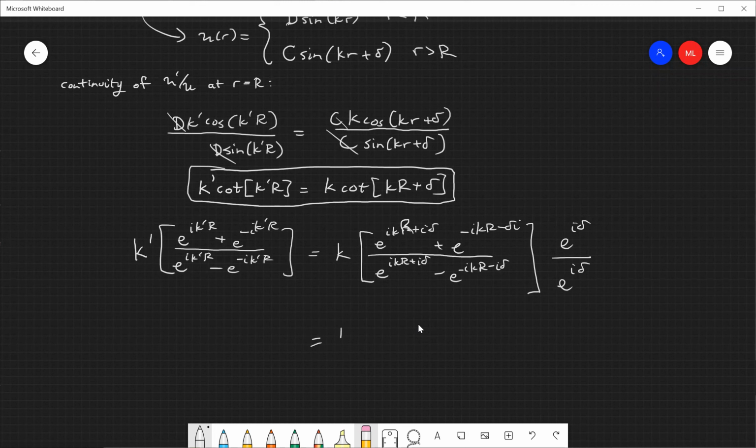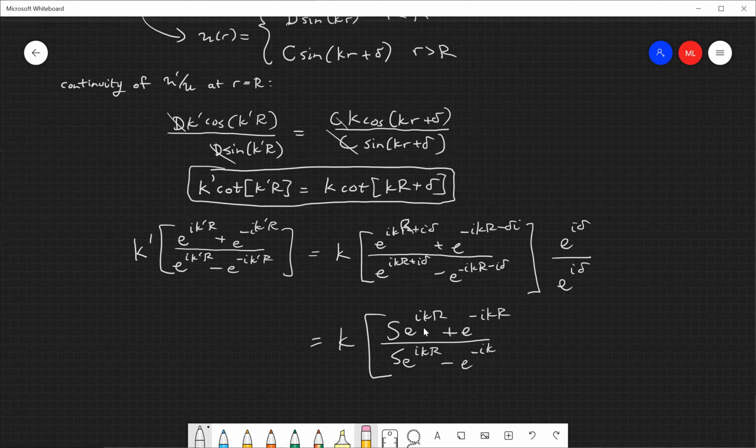Then this becomes k times S, the S matrix element for that l equals 0 mode, just e to the 2i delta. And you have S e to the ikr plus e to the minus ikr over S e to the ikr minus e to the minus ikr.